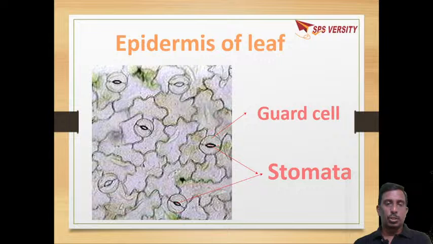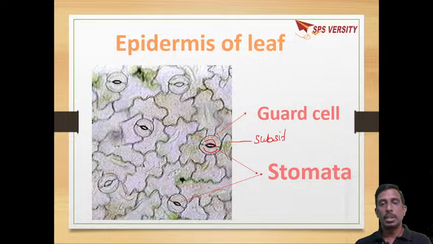So guard cells स्टोमाटा में दो guard cells रहते, और the surrounding cells which surround these guard cells, it is called subsidiary cells. So stomata में एक opening रहता stoma, दो guard cells which are surrounded by subsidiary cells.